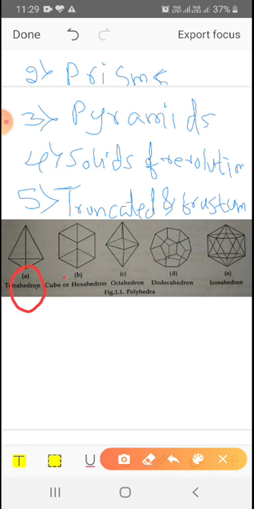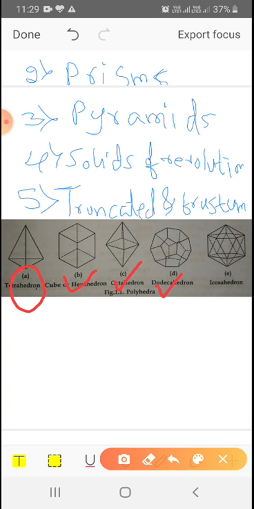Second one, cube or hexahedron. It has 6 equal square faces. Figure C is the octahedron. It has 8 equilateral triangular faces. The fourth one is the dodecahedron.